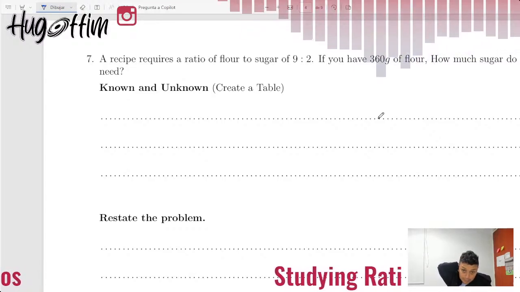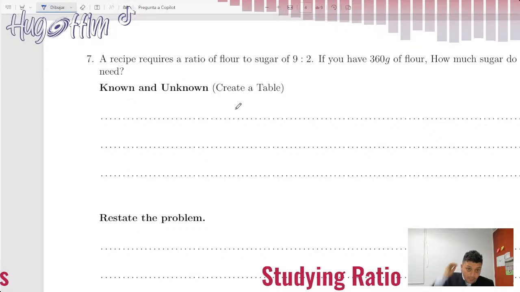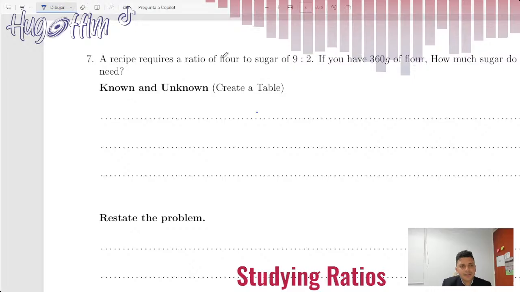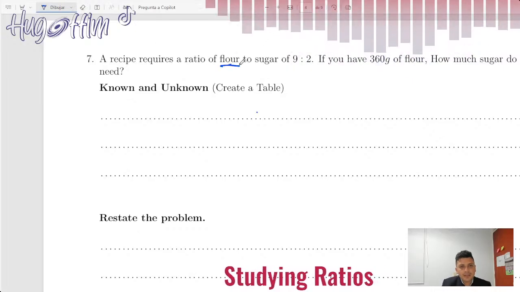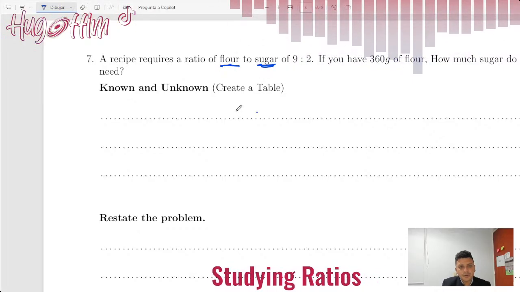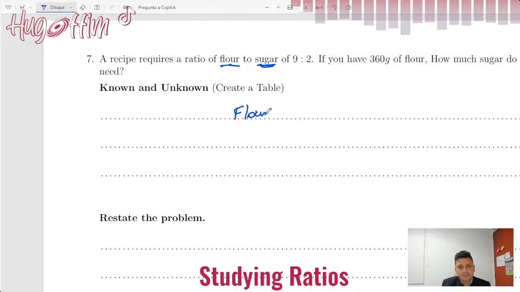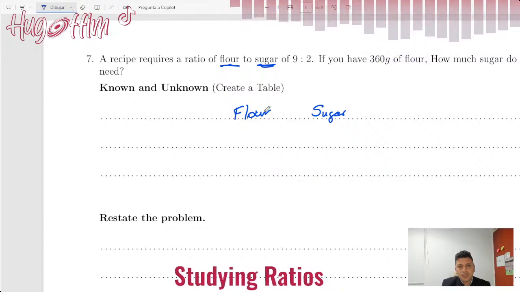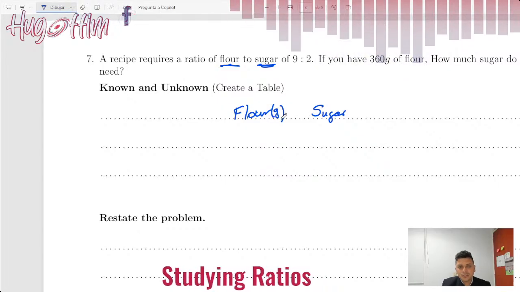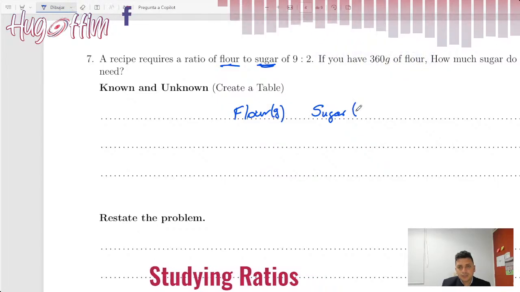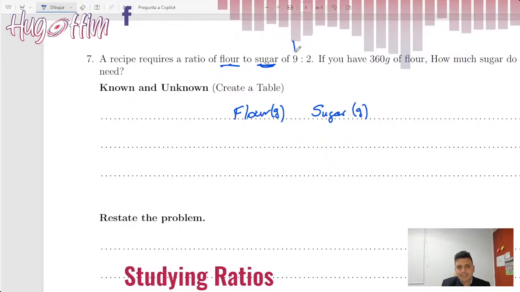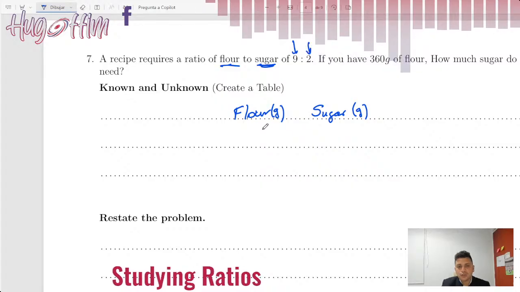Let's see if it works or not. So look at that, we have the ratio of flour and the ratio of sugar. So we're going to put the amount of flour and the amount of sugar. These are going to be our magnitudes, and the amount of flour is in grams, and the amount of sugar is also in grams. In this case the ratio is 9:2.